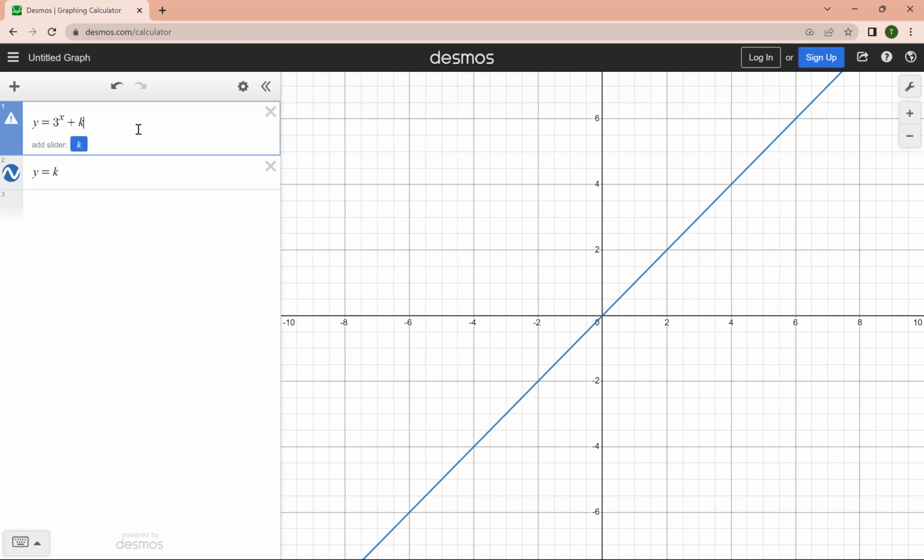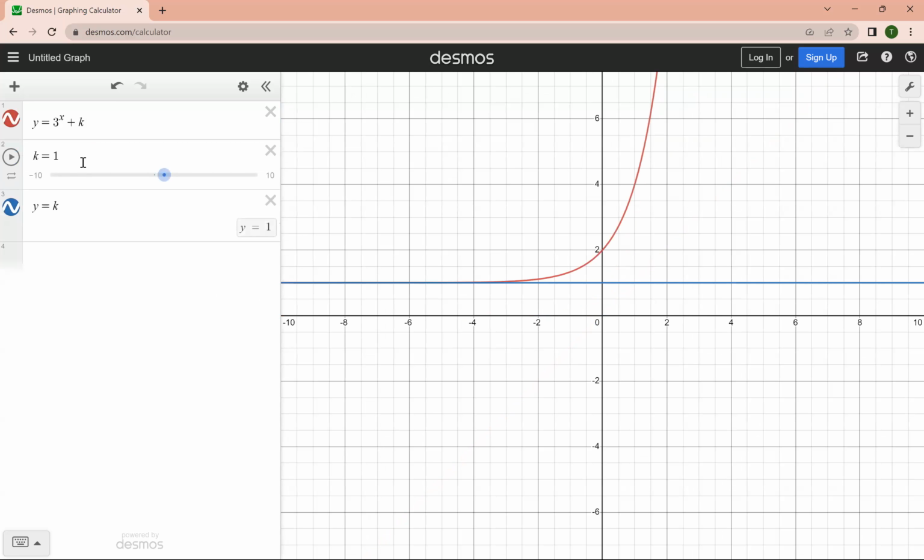So I'm going to change this line a little bit. Settings.